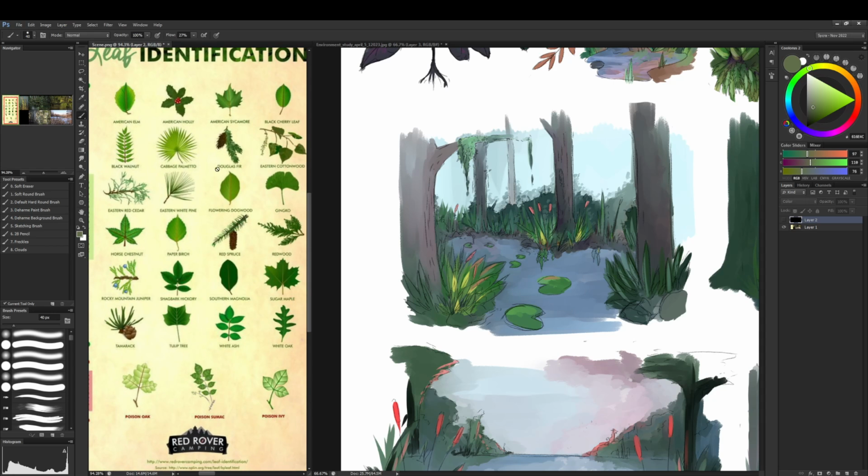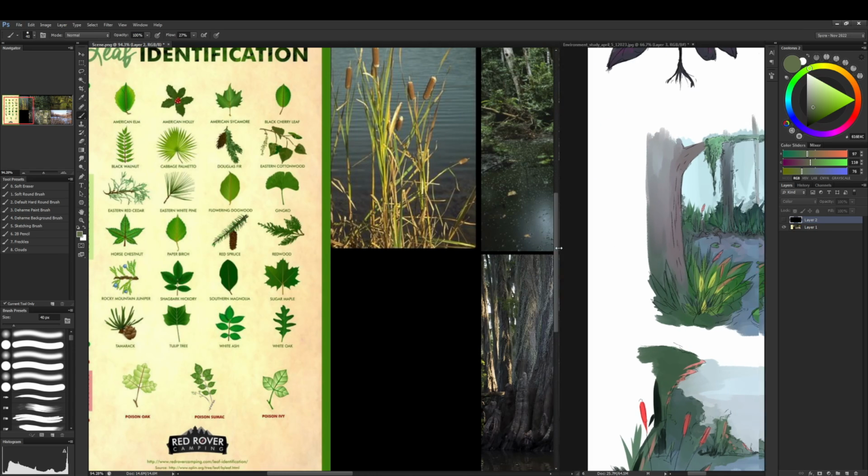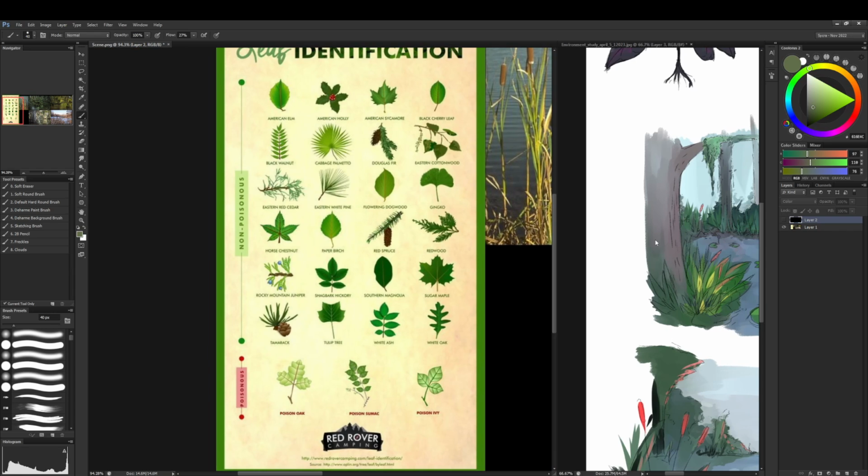So things like this can really help, where I'm just looking at a chart of similar things, in this case leaves, and I get to compare what is this compared to this? What is this compared to this? And you don't have to memorize the whole world, but memorizing bits can help, because then you can keep reusing a lot of it.